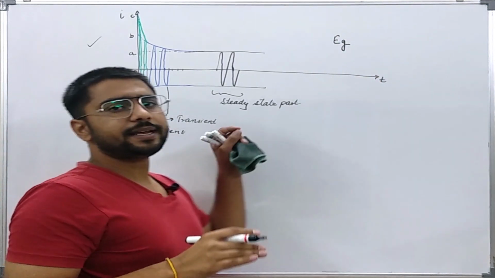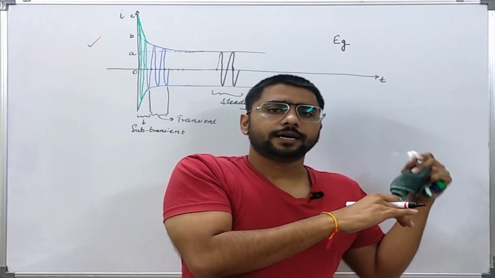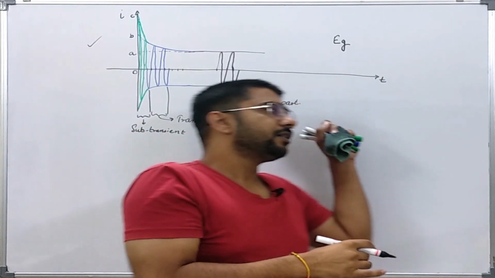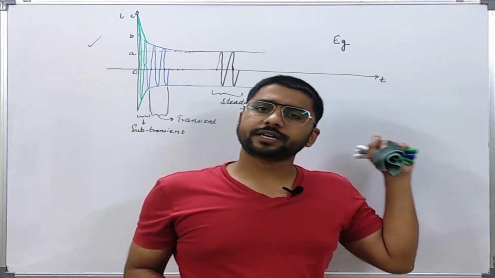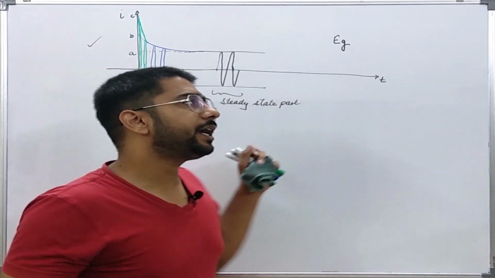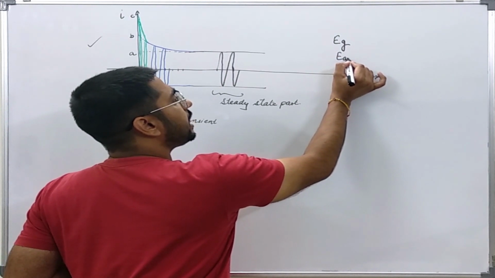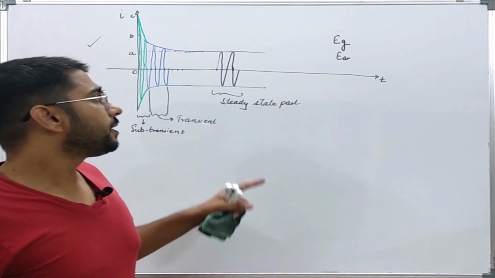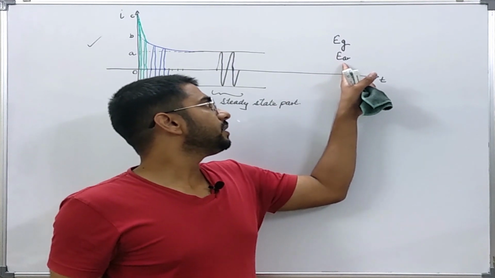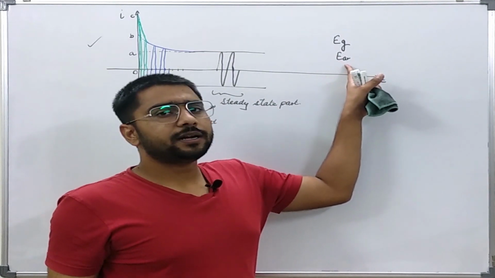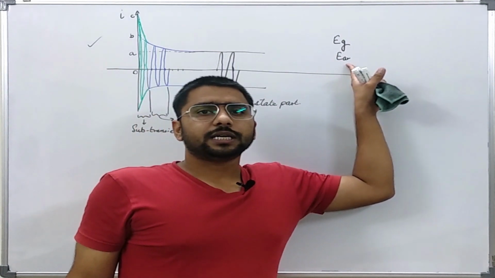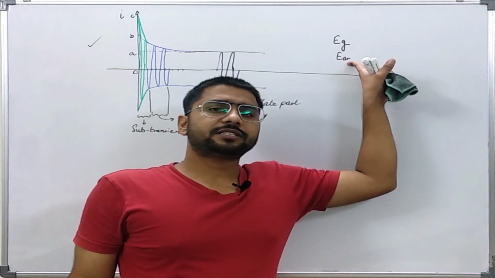Now when there is some current flowing through the generator armature winding, there will be an armature reaction which is going to create some voltage, let us say EAR. This EAR will depend on the power factor of the current flowing in the armature winding.